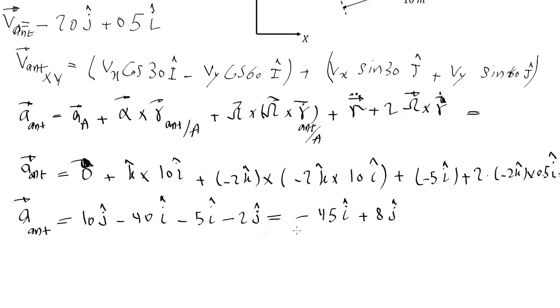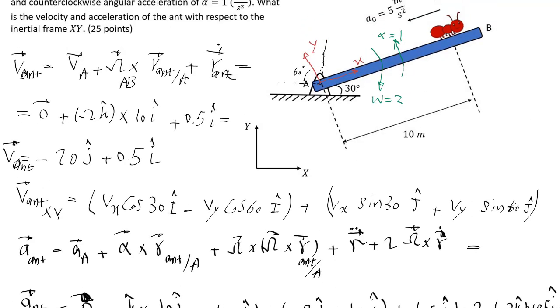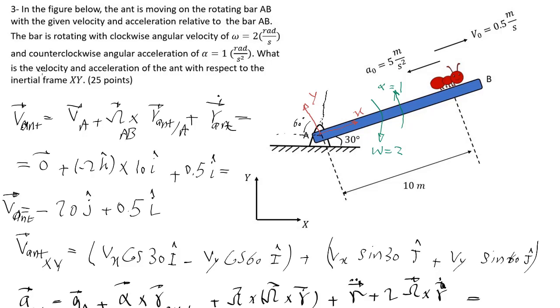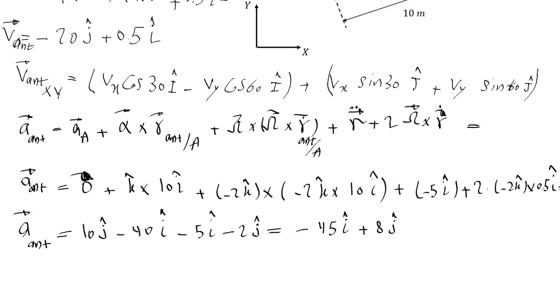But as I said, this is also fine. All we have asked for is the velocity and acceleration with respect to the inertial frame. So I think that's all for this question. That's all we asked for, velocity and acceleration, which we calculated both of them.